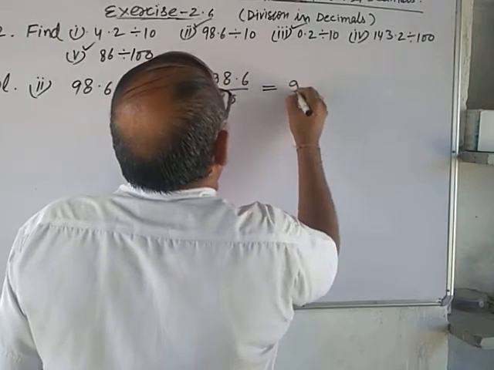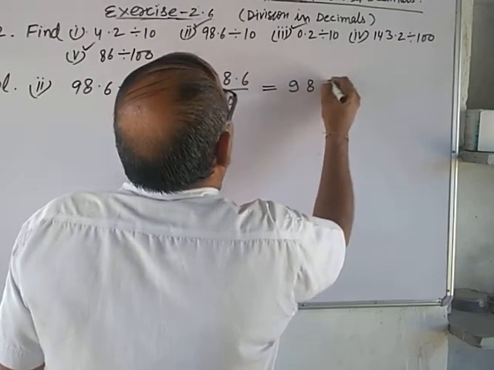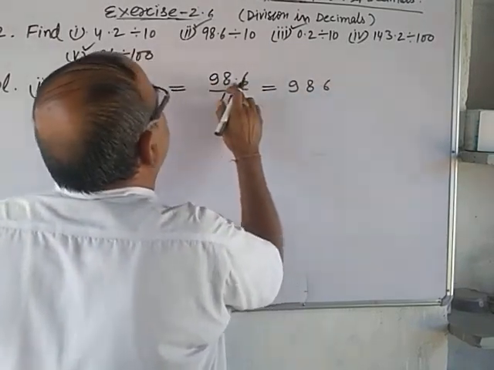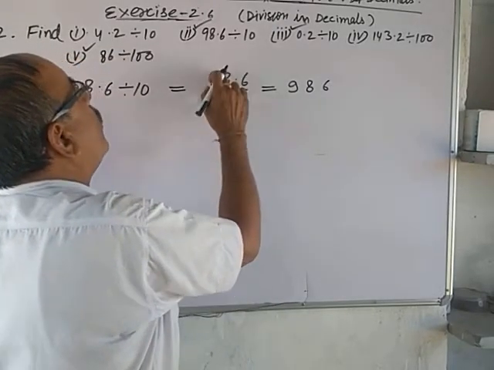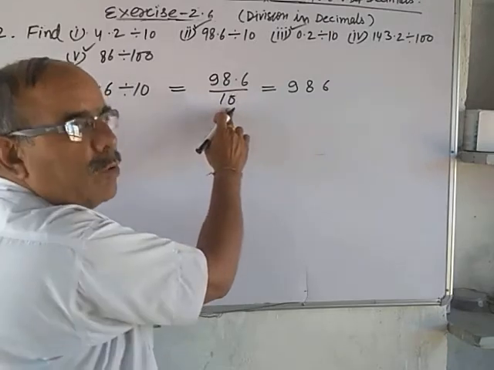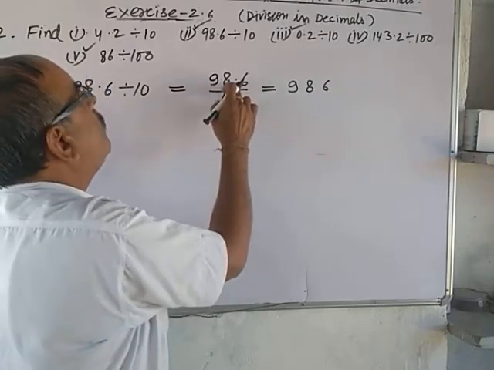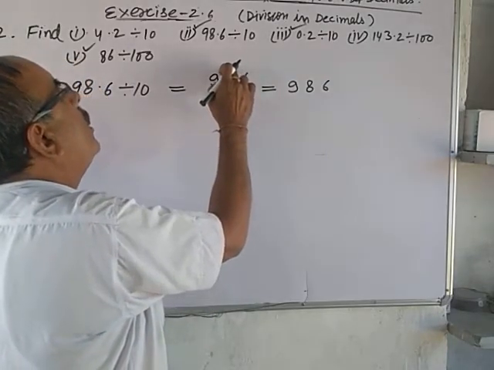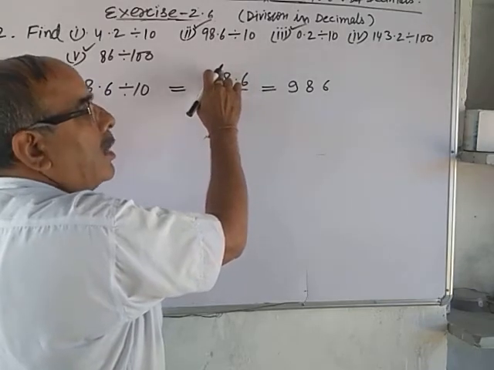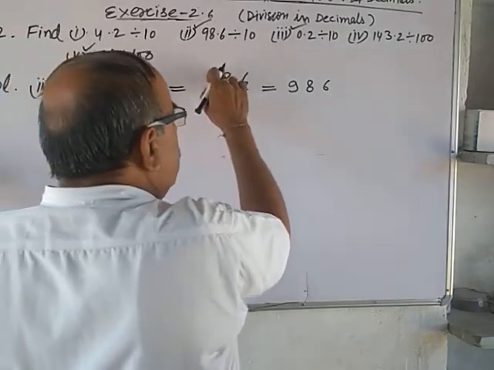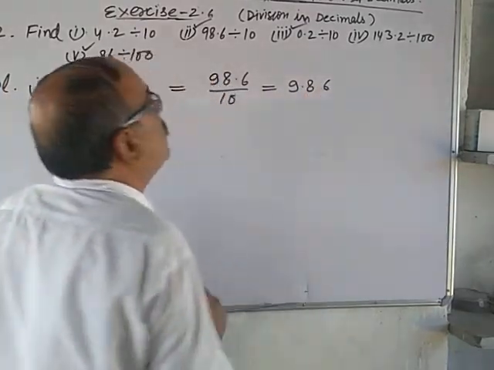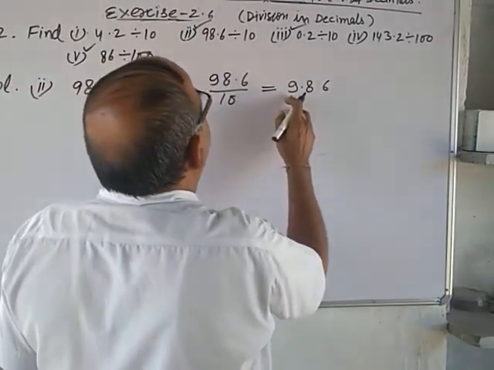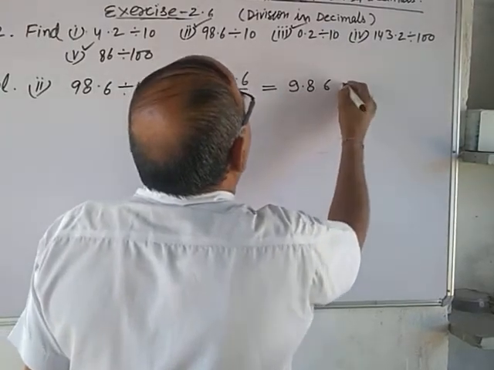So it becomes 986. The decimal is moved 1 point because we have only 1 zero. So the decimal moves only 1 point to the left side, and the answer is 9.86.